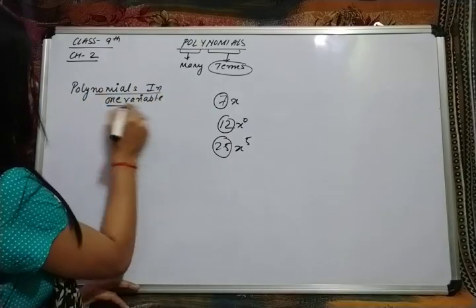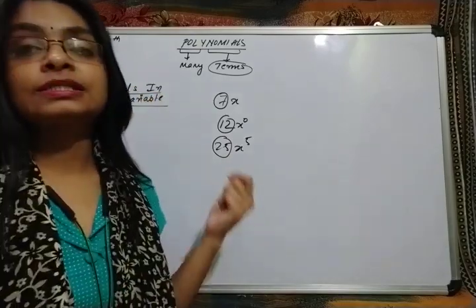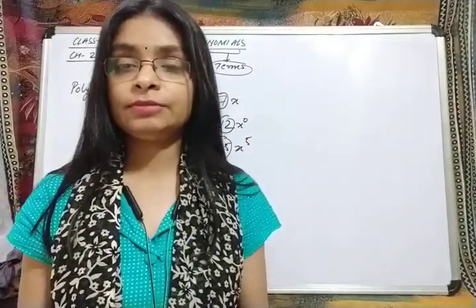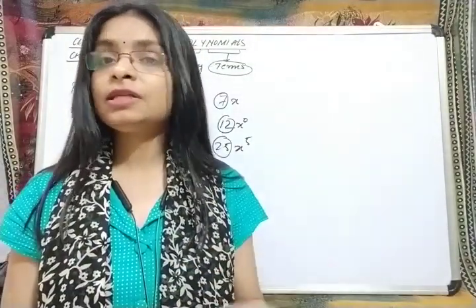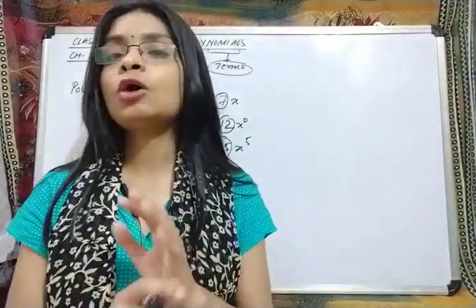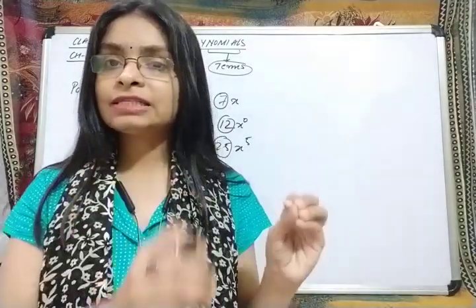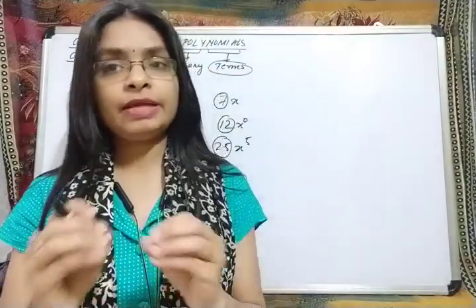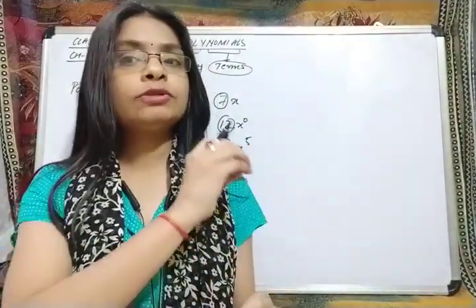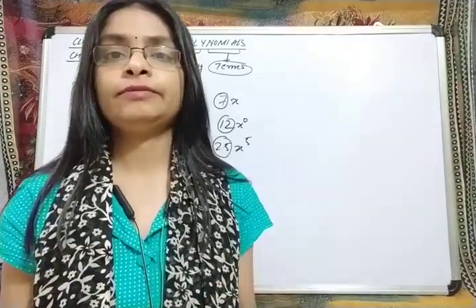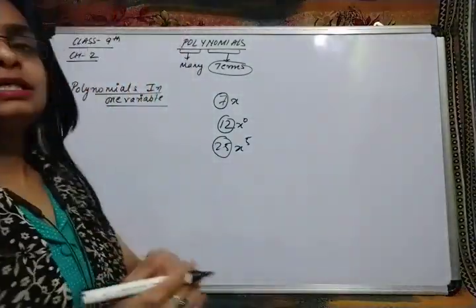In this chapter we will discuss the polynomials in one variable, that is an algebraic expression in which there will be only one variable throughout the expression. Like if x is there, throughout the expression there will be x. If there is a y, throughout the expression there will be y only.